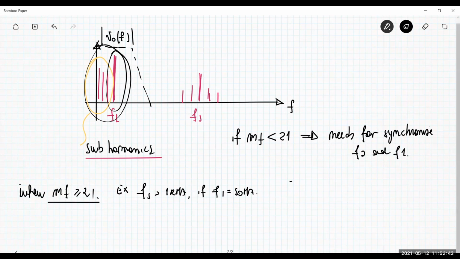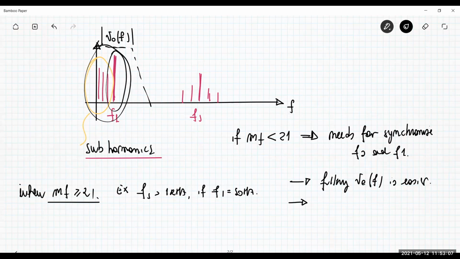So the first consequence is that filtering V0 of f is easier, and so the quality of your output voltage is increased, so you have a total harmonic distortion which is lower than the case we studied before.